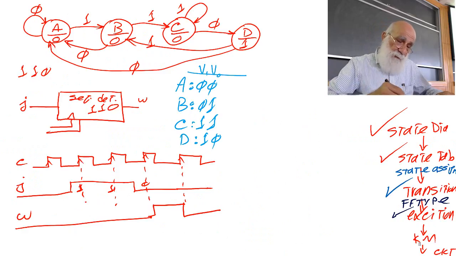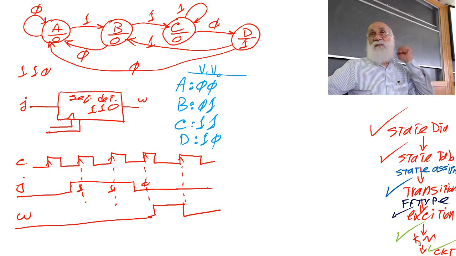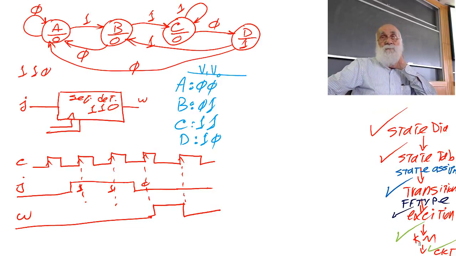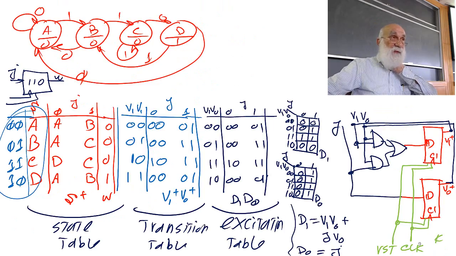Going back here, we did the Karnaugh map, and finally we did the circuit. Something I forgot: you have to do the output because your circuit doesn't have an output here. But on the other hand, it's actually a very simple thing.